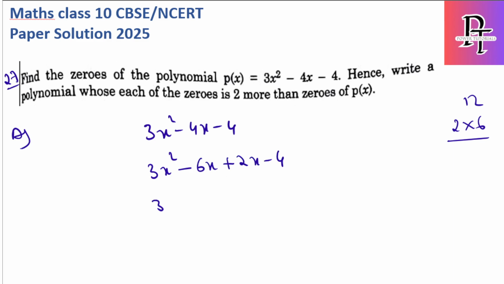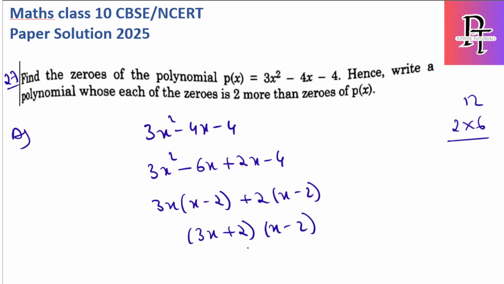If I take 3x common, I will get x minus 2, and here if I take 2 as common, I will get x minus 2. So I will get the final step (3x plus 2) into (x minus 2). Therefore zeros are 2 comma minus 2 by 3.